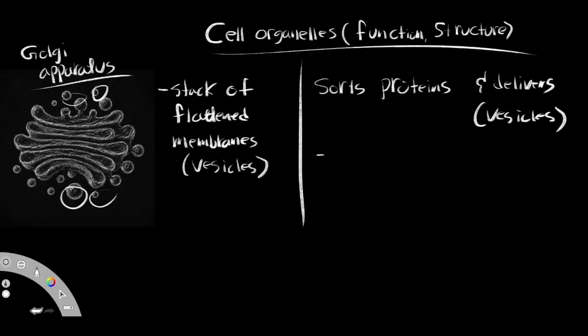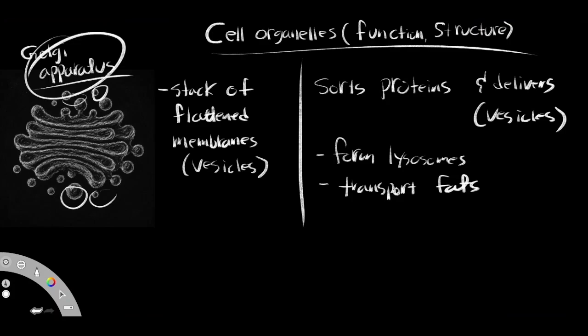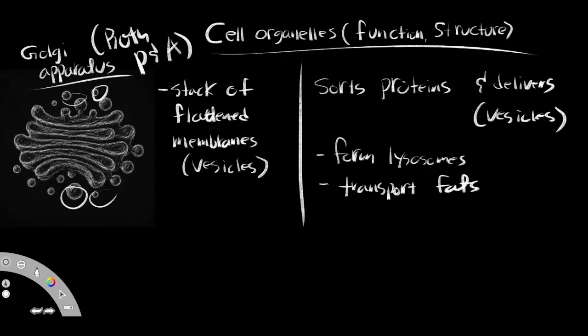A cool thing to note, they actually help form lysosomes. It also transports lipids, so fats. The Golgi apparatus, like the other organelles mentioned before the lysosome, is in both animal and plant cells. Just remember that.